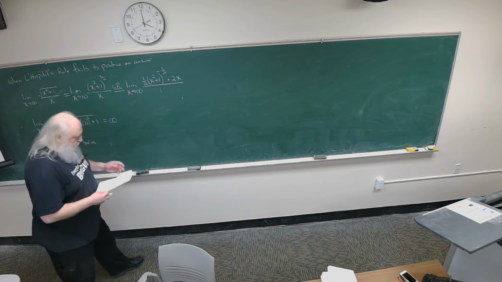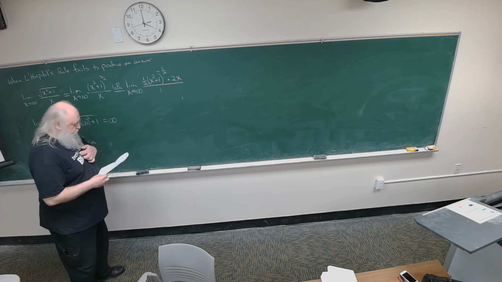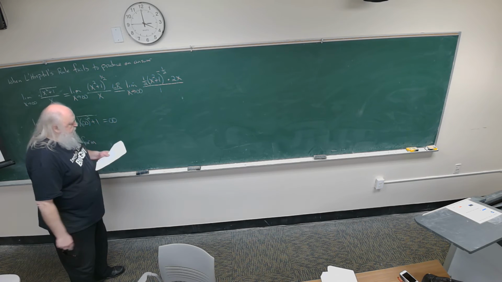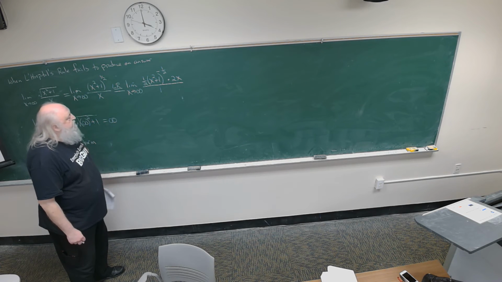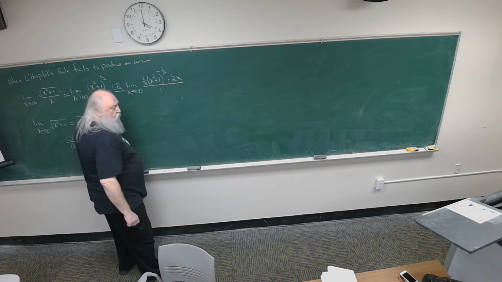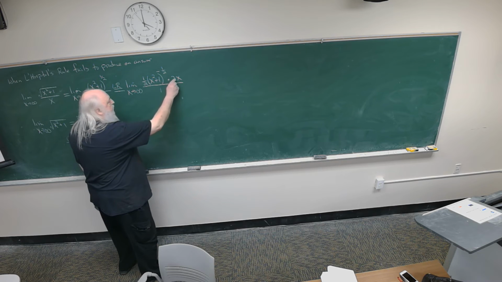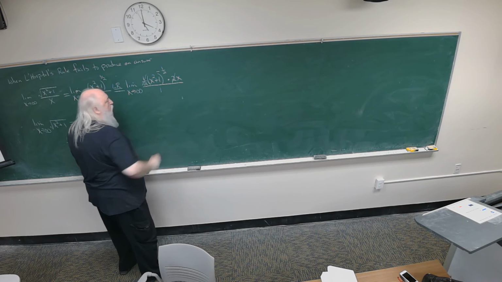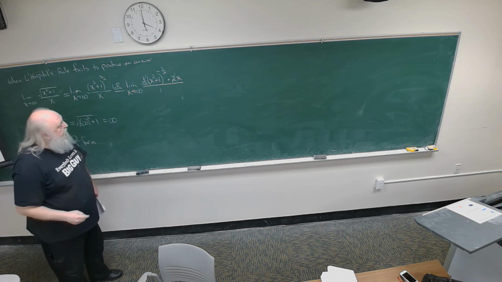And now we simplify. We're dividing by 1, so we can just ignore that. 1/2 times 2 is 1, so we get rid of that.